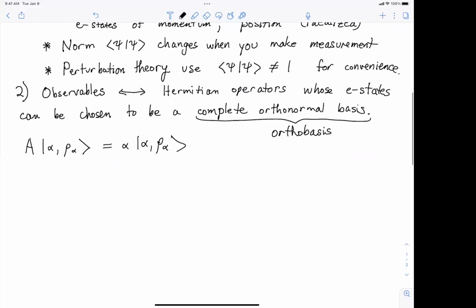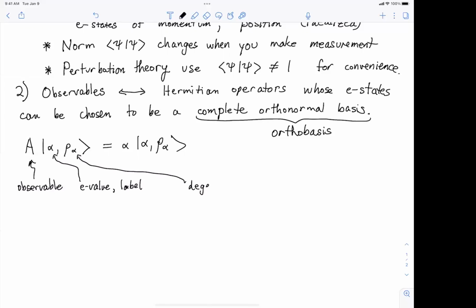A here is our observable. Alpha is our eigenvalue, which is being used as a label for the state. But maybe some states have the same eigenvalue label, and so you need other labels that we can call degeneracy labels.